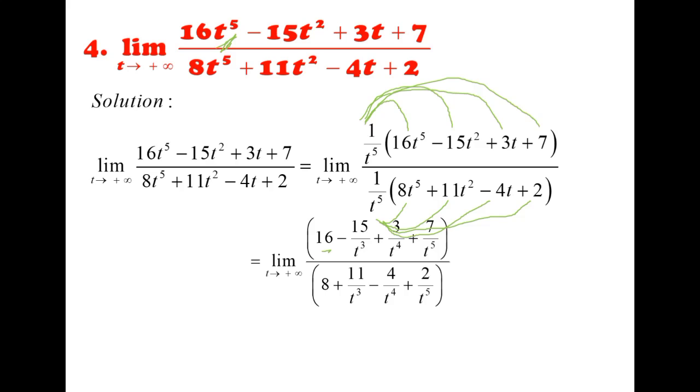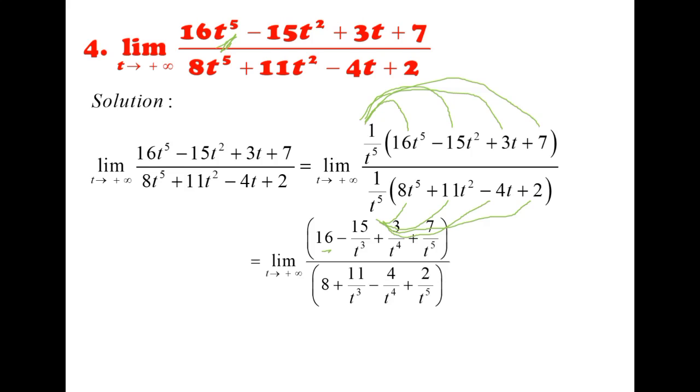Then plus 7 over t raised to 5. Same with the denominator: 8t to the 5 cancels, so we have 8. Then 5 minus 2, so we have 11 over t cubed. Then minus 4 over t to the 4, then plus 2 over t to the 5.